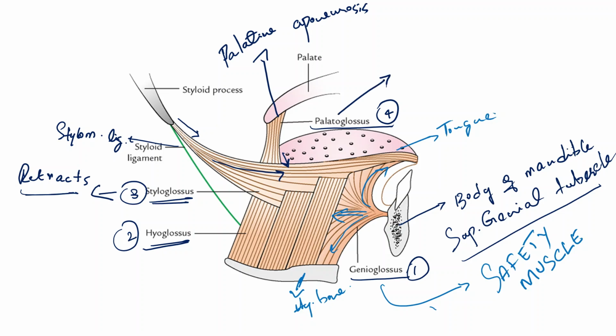It narrows the oropharyngeal isthmus by elevating the base of the tongue. So this is about the action of the muscle palatoglossus.